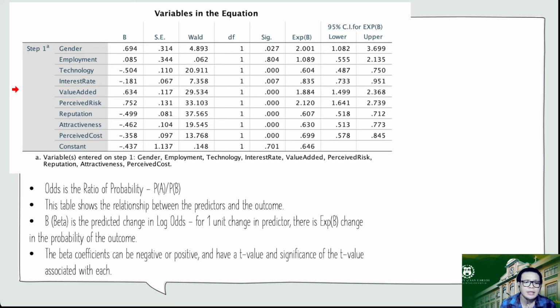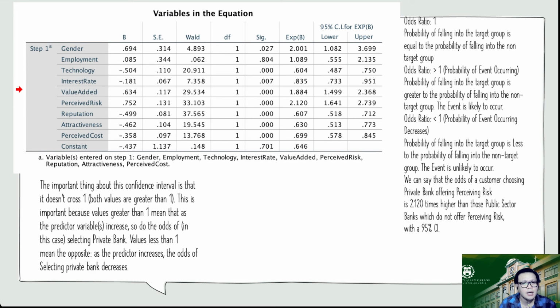And also, the beta coefficients can be negative or positive, as you can see. All right? And the one which is just beside the variables, no? At the same time, it has a t-value and significance of the t-value associated with each. And then for the odds ratio, the probability of falling into the target group is compared to the probability of falling into the non-target group.